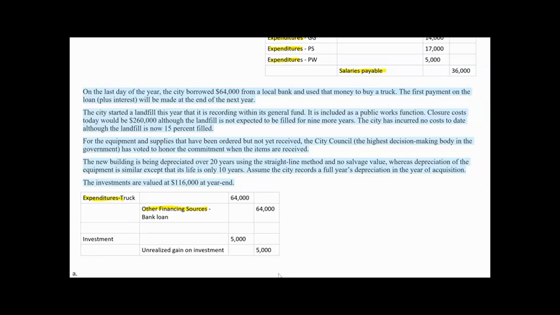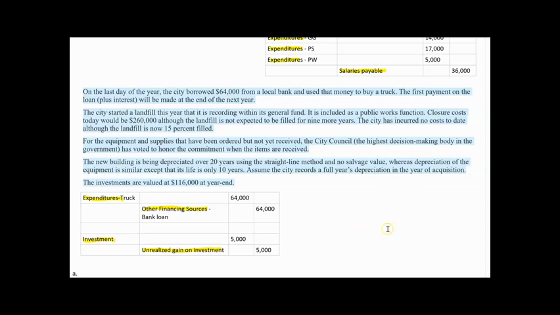For the next one, equipment supplies, they are the owner's commitment, so there's no journal entry as well. For the buildings, because all those capital assets have been recognized as expenditures, depreciation expense is not required. And the last one is investment. The investment value increased, so we debit investment and credit unrealized gain. This is the same as the government-wide financial statement.